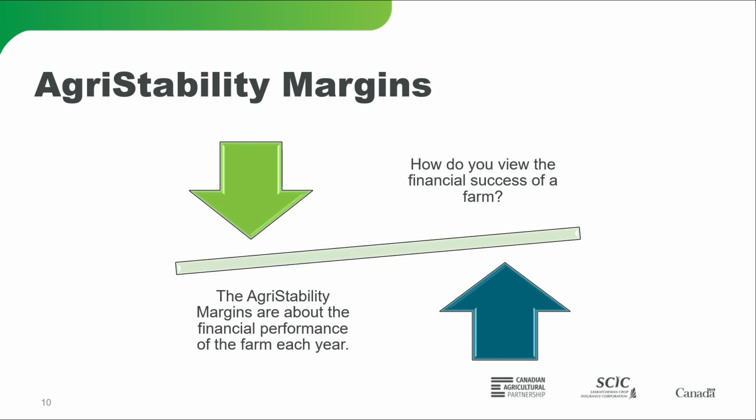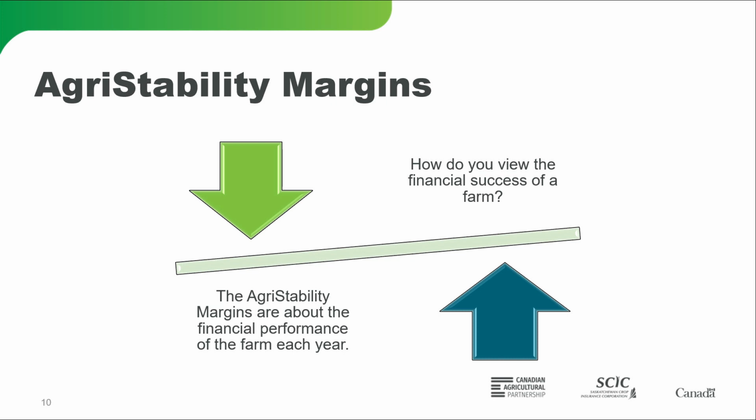The program year margin is your current year's situation for the farm. That looks at your current year income, expenses, and then there are accrual adjustments that I will get into the details about. That's the year that we are calculating and determining whether you're going to be in a benefit for that program year because it has declined compared to your historical reference margin.